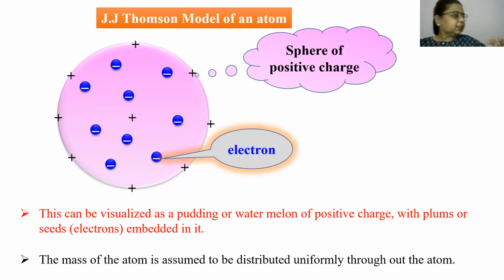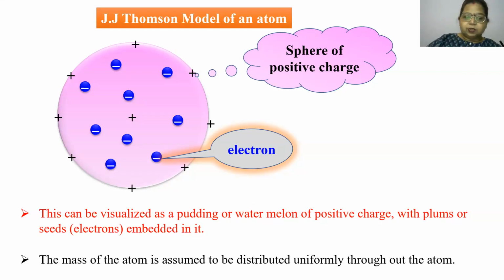See, I say that there are different names given to this particular model, that is the watermelon model or the plum pudding model, right? This can be assumed as a pudding or a watermelon, which is made up of a positive charge. I believe you must have seen the internal red structure of the watermelon, which has black or brownish black seeds in it, right? So that red pulp of the watermelon is made up of a positive charge and electrons are embedded into it.